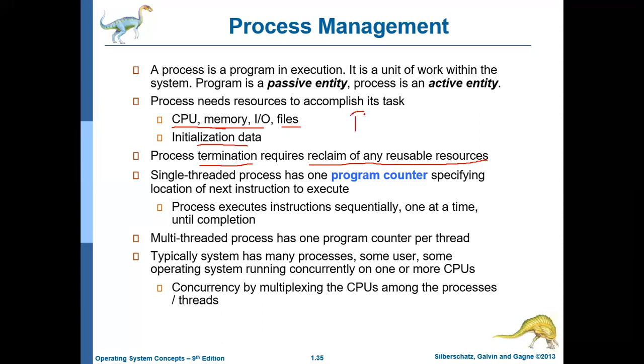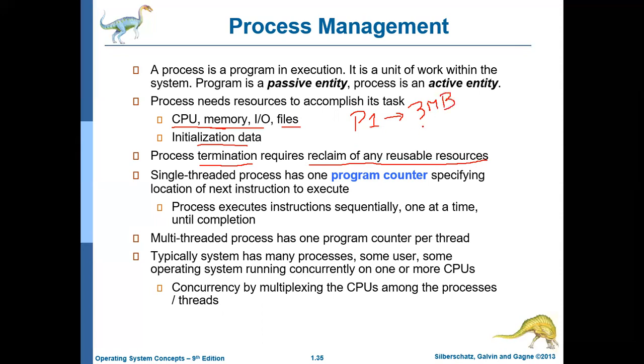Assume the process P1 is currently executing, but after X amount of time, P1 has terminated. And if P1 is occupying 3 MB of memory, then the operating system will reclaim this space because the operating system may use this memory space for some other purpose.